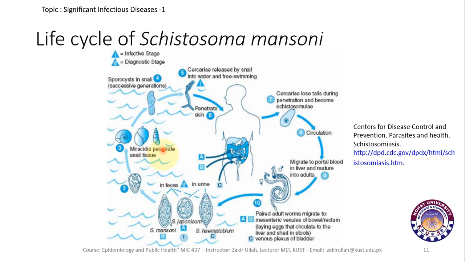Then it is taken up by the snail tissue, and then when a person's broken or cracked skin comes in contact with the water, the person is infected by this disease.